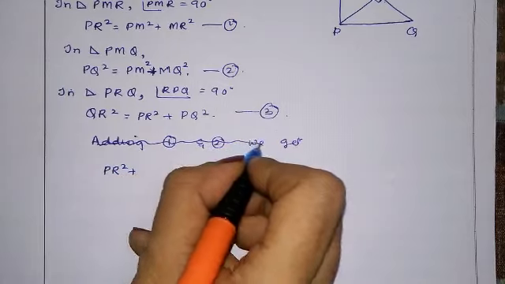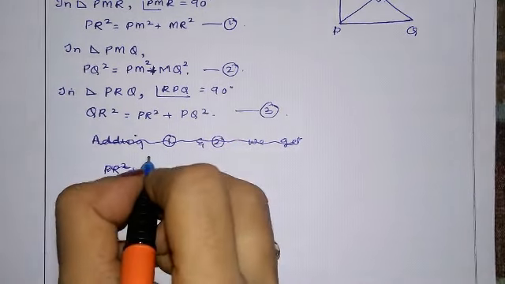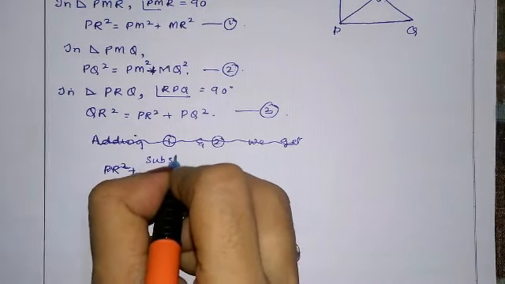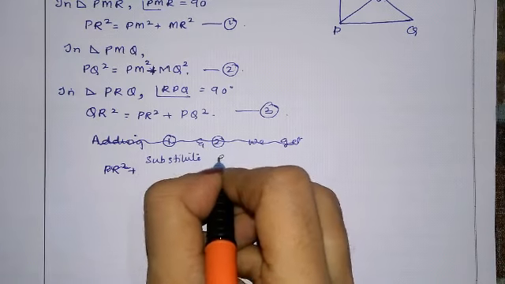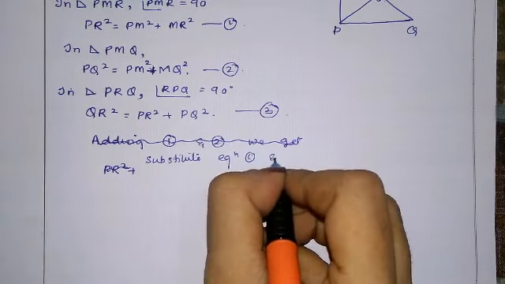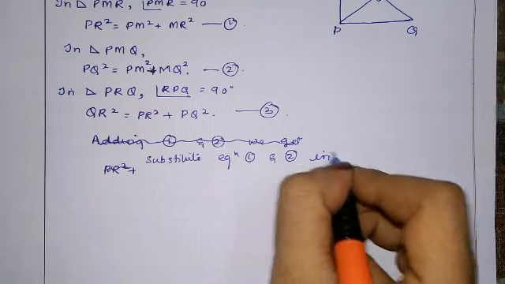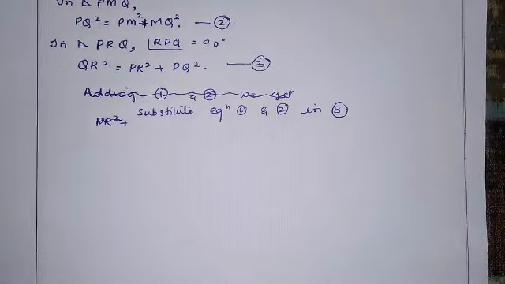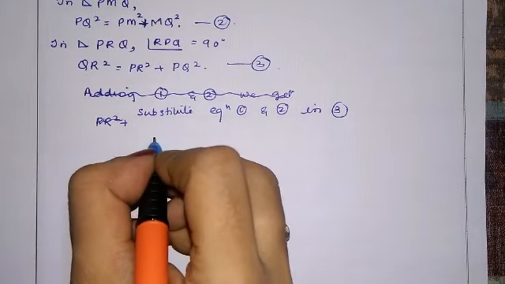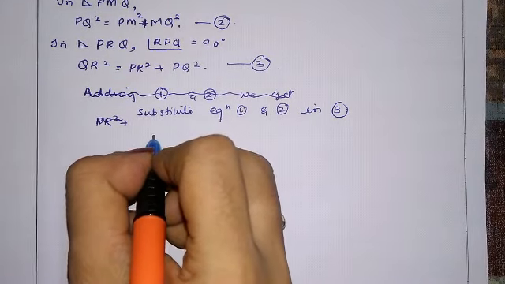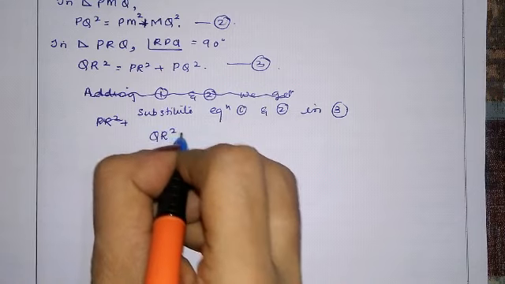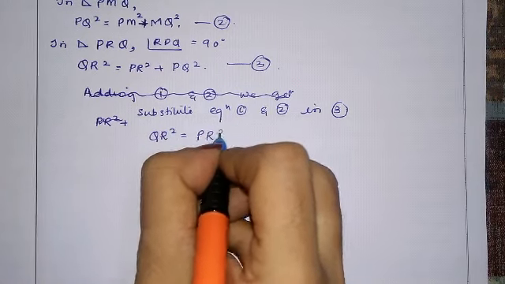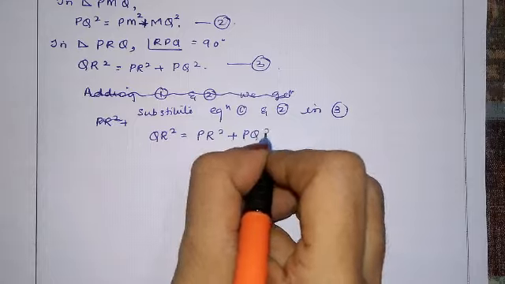Substitute equations 1 and 2 in 3. We can substitute the values of equations 1 and 2 in 3 easily. We'll write equation 3 one more time. QR square is equal to PR square plus PQ square.